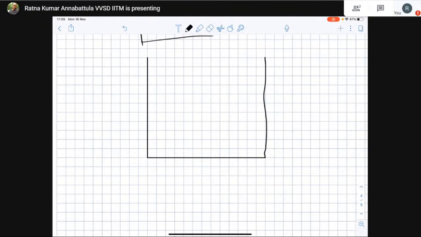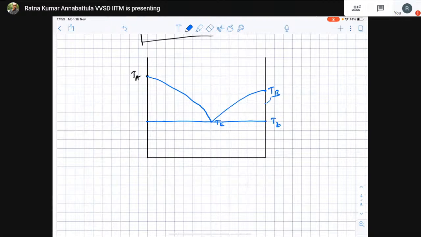Okay, so it should have been a straight line. So let us say this is my TA, and let me draw this in a different color, and say this is my TB, and that is our TE, right?